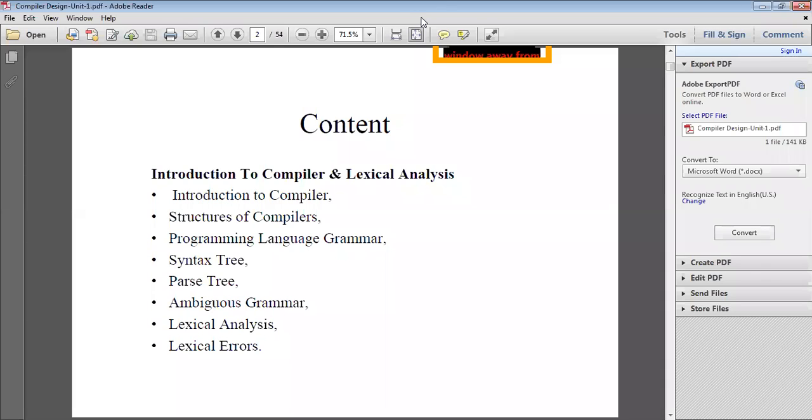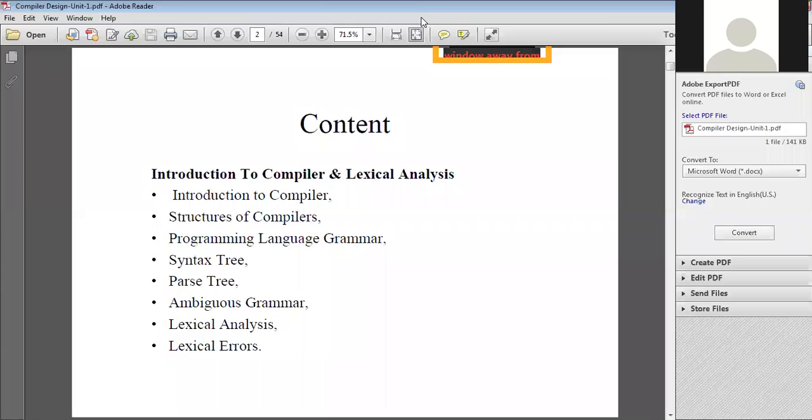So what are the compilers? Compilers are the system softwares that convert high level language into the machine language. And what are the interpreters? Interpreters also come under the category of the translators, and they also work like the compilers. So translators are compilers and the other one is interpreters.